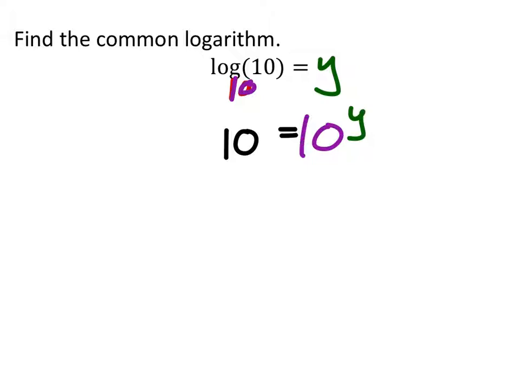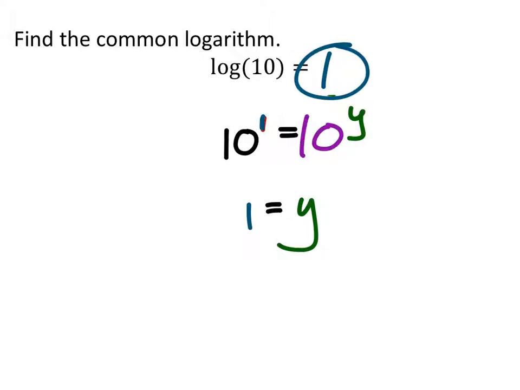Well, if that's the case, then 10 to what power equals 10? And again, if you wanted to see the exponent of that 10, you could write a 1 in because it didn't show it. Well, that just means that 1 equals the y, which means the original common log of 10 equals 1. That's our answer right there.